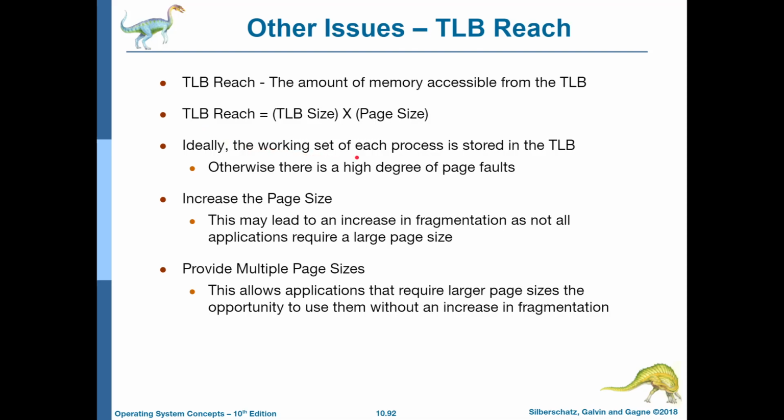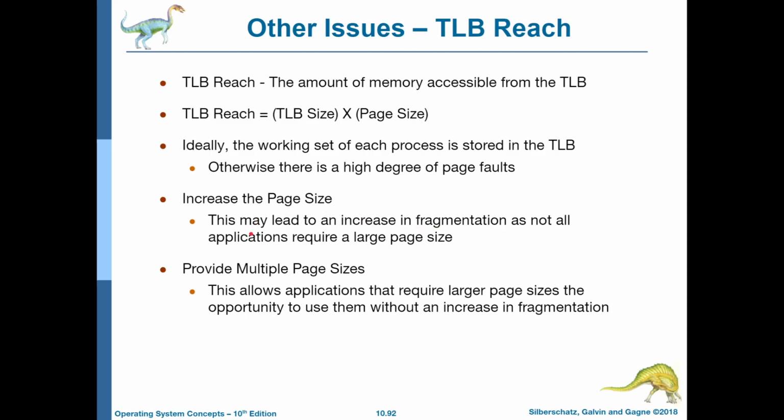Ideally, the working set of each process will be stored in the TLB. If the working set is larger than the TLB reach, then we end up with a high degree of page faults. So we can address this by increasing the page size. The problem is we can get more fragmentation as we do this, and we don't want that.